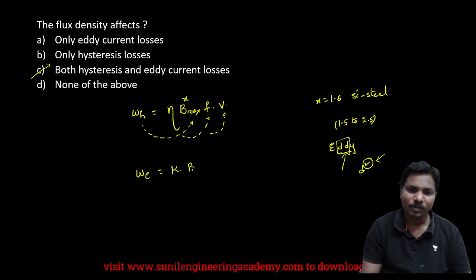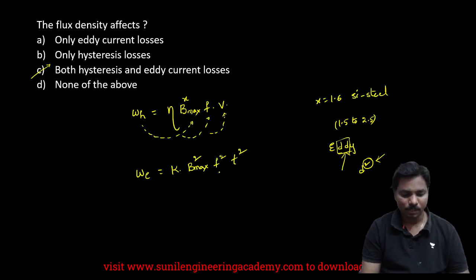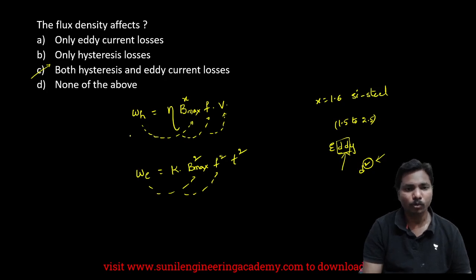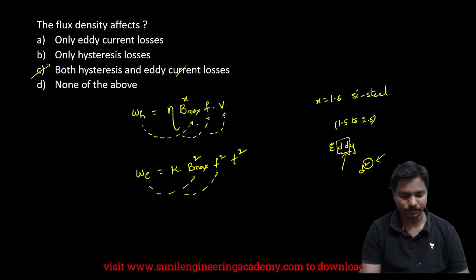K B max square F square thickness of lamination square. So it also depends upon B max and frequency. So both losses always depend upon B max and F, both hysteresis and eddy current losses.